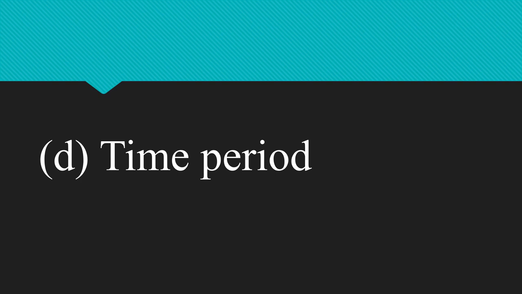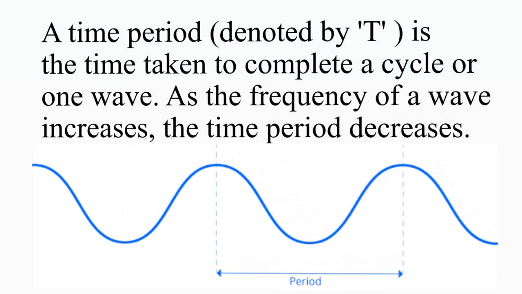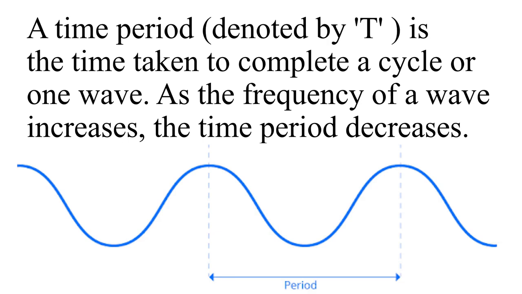Term D is time period. A time period, denoted by capital T, is the time taken to complete a cycle or one wave. As the frequency of a wave increases, the time period decreases. You can check here that the time taken to complete one oscillation is termed as time period.